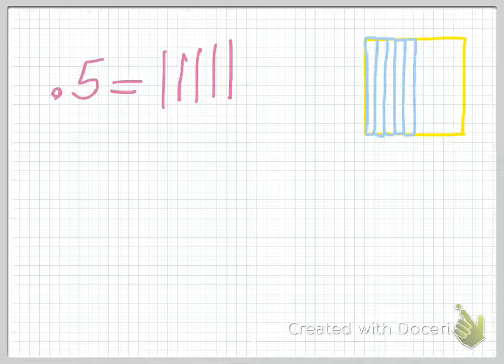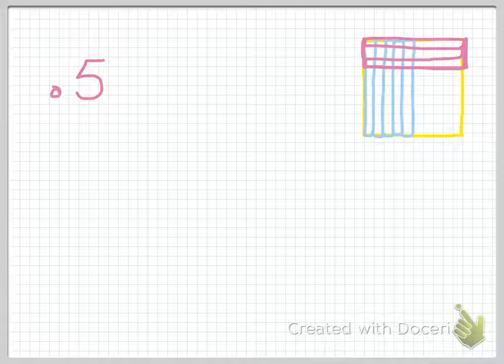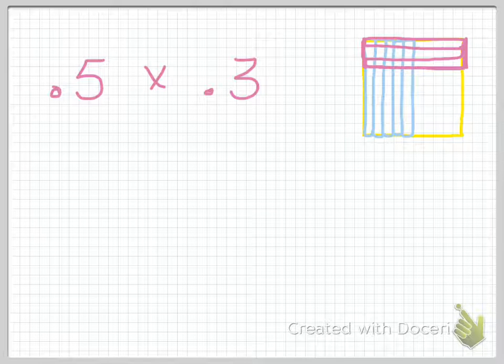And then I'm going to draw the opposite direction. I'm going to draw 3/10. Okay, so now I have my 0.5, and I'm going to be multiplying it by 0.3. So 5/10 times 3/10, and where they overlap is where the multiplication happens.